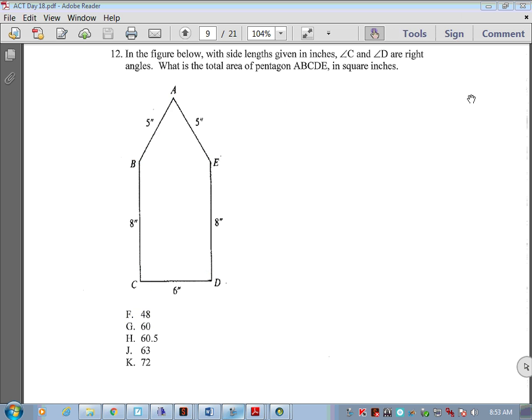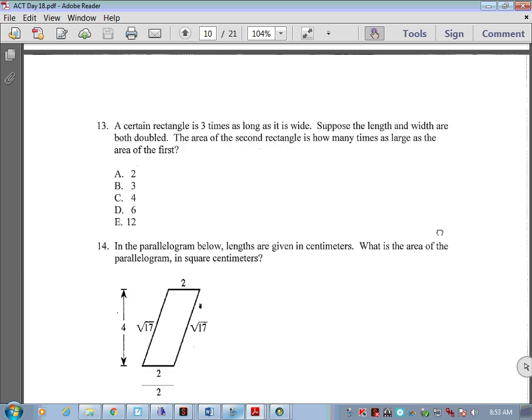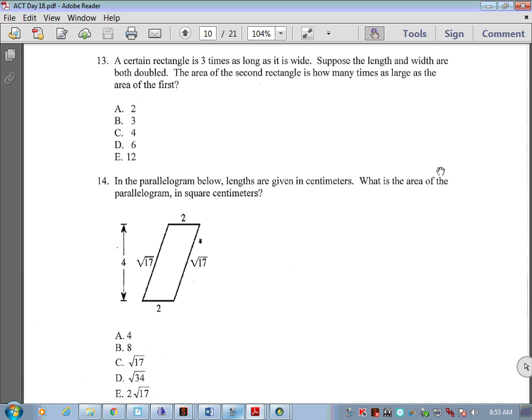All right. 13 and 14. Yep. 13. A certain rectangle is 3 times as long as it is wide. Suppose the length and width are both doubled. Okay.